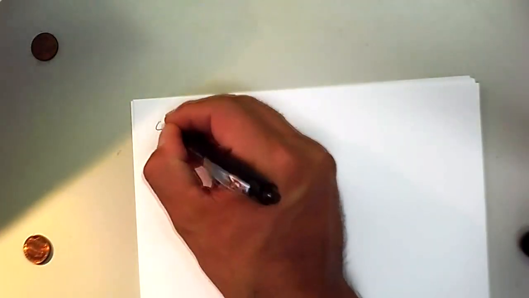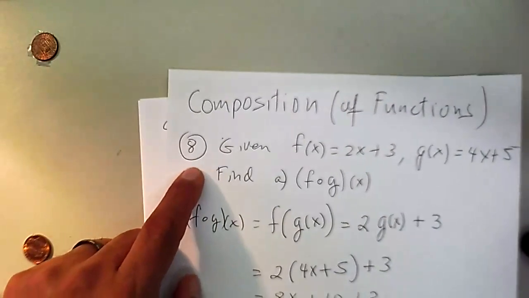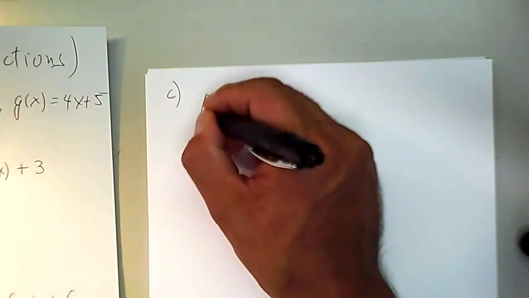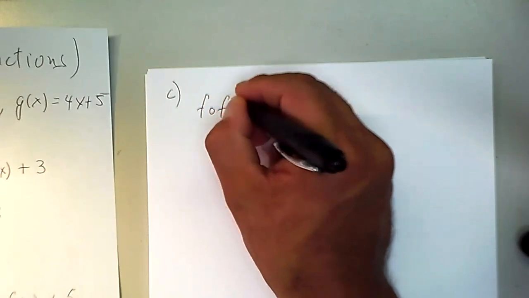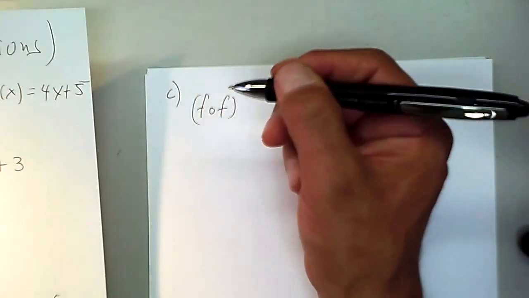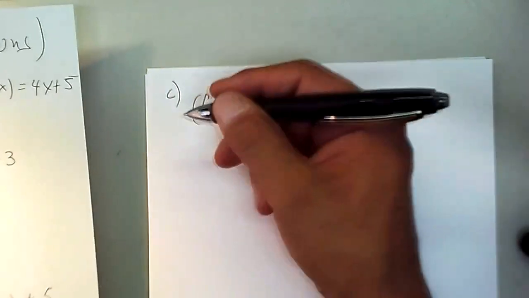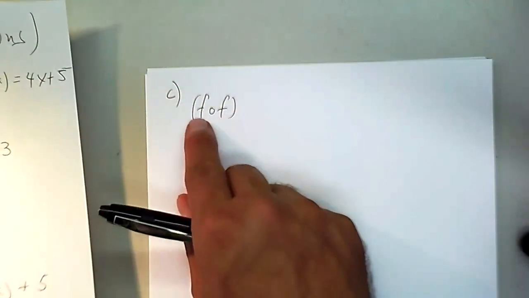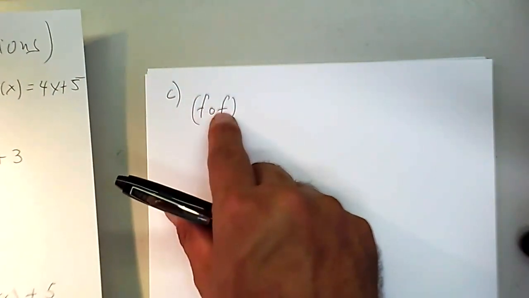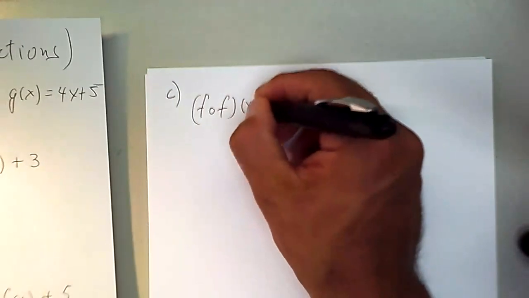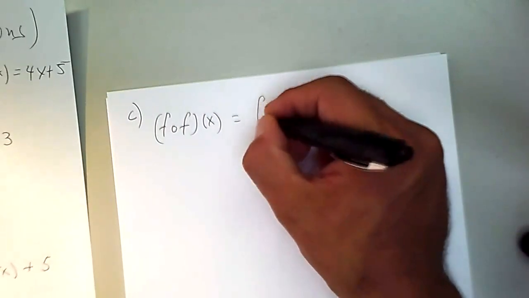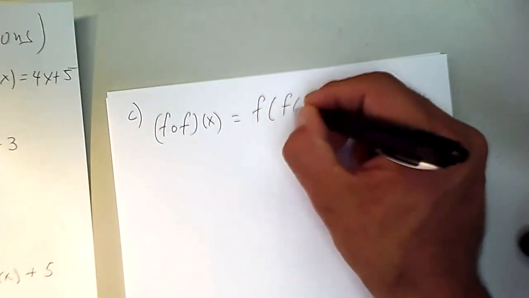C. So we're still under the umbrella of example 8, where this is f and this is g. Nothing stops us from composing f with itself. Just like nothing stops us from adding 3 plus 3. We don't have to add 3 plus something other than 3. We can add 3 plus 3. Well, likewise here, we can compose f with f. So let's write what the definition is. F of f of x.